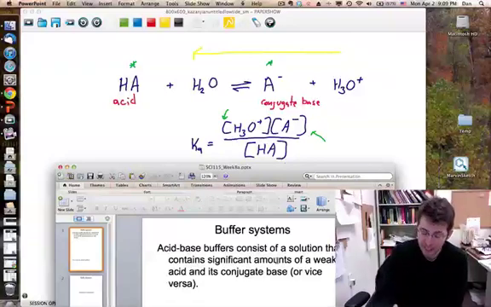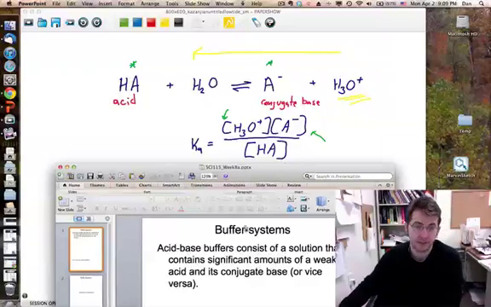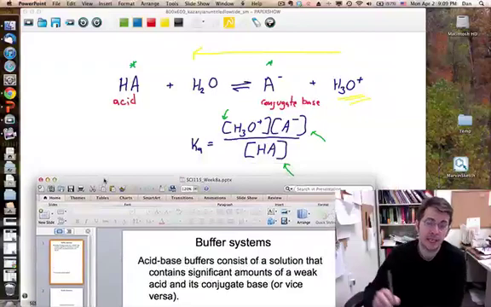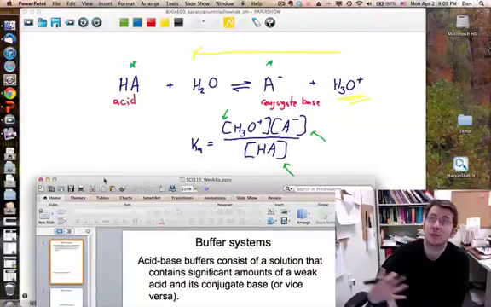But then we reattain equilibrium, and it reforms the amount of H3O plus. And what we find is that while the H3O plus changes, it doesn't change significantly. So this is one of the hallmarks of a buffer system: significant amounts of the conjugate base and its weak acid, or vice versa. We could also use a weak base and its conjugate acid.